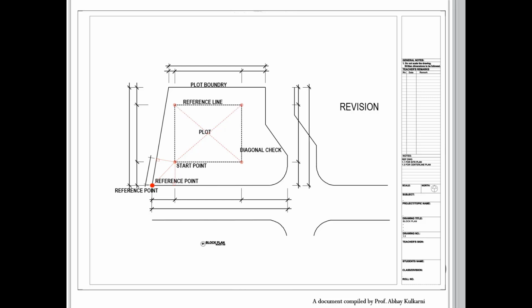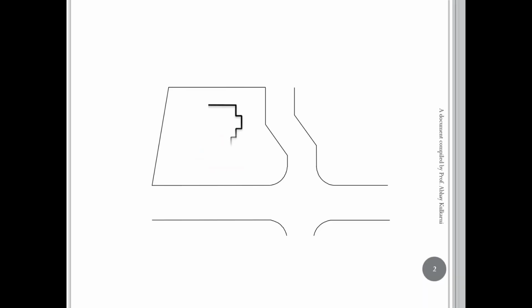Double-checked with diagonal dimensions. From this periphery profile, he then marked the building outline with the given dimensions.